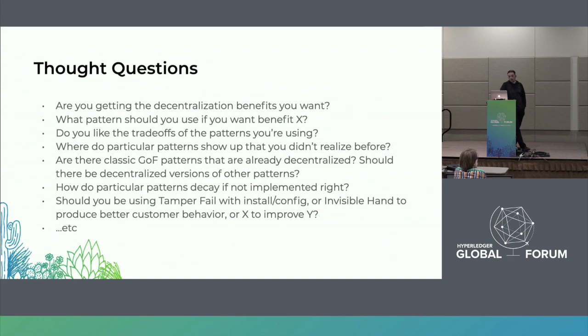If you don't know what benefits you want, then what did the Cheshire Cat say in Alice in Wonderland? If you don't know where you're going, it doesn't really matter which direction you go. So that's fine, but hopefully you actually have some intended benefits you're trying to get out of decentralization, and are you getting them? And what pattern should you use if you want benefit X?